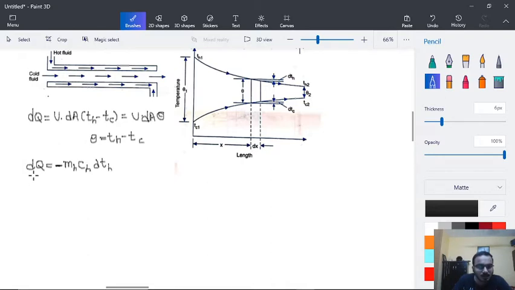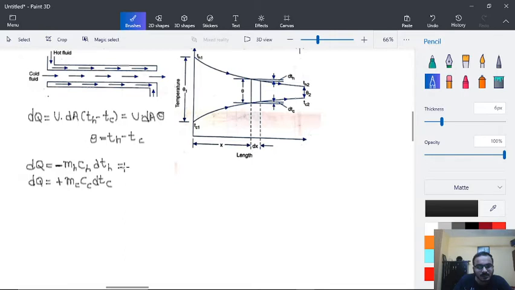Now regarding dq in terms of cold fluid, we can write this as m c dTc, and here this fluid is actually gaining the heat, so we need to put a plus sign over here.